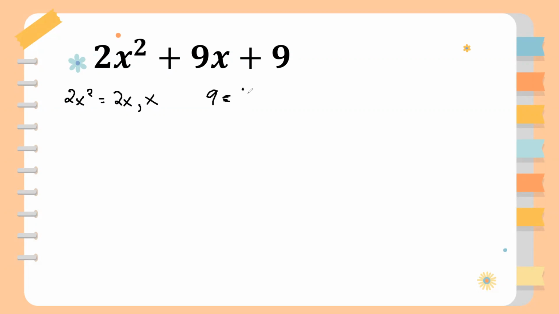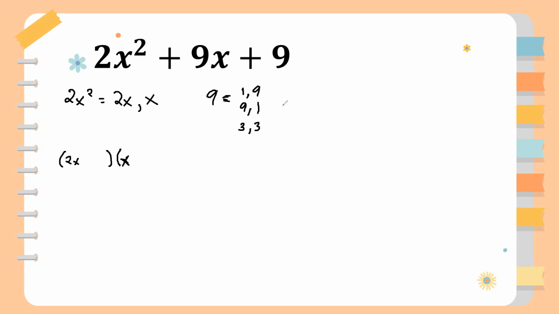So we have 1 times 9, 9 times 1, and 3 times 3. Okay? Now, itong factors ng first term natin, ito na yung nasa first term ng kada binomial natin. Okay, so we have 2x and x. Yan na yung first term ng binomial natin.